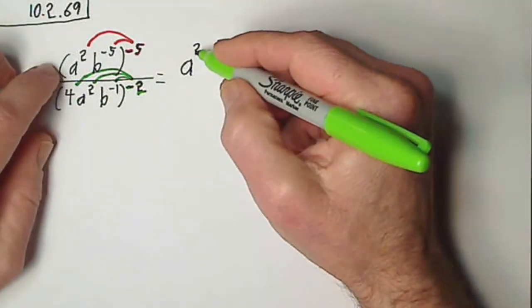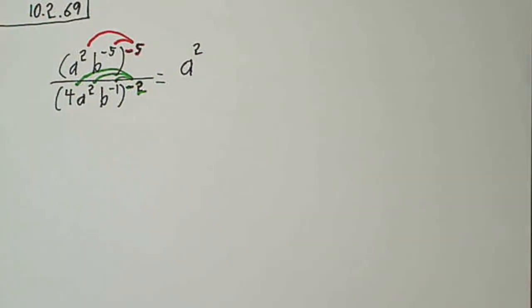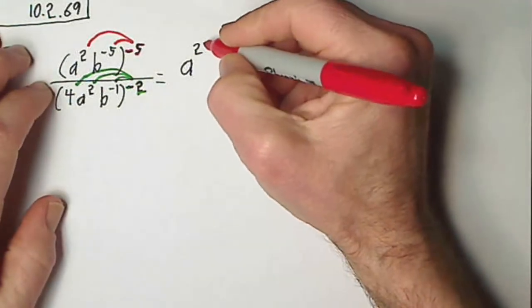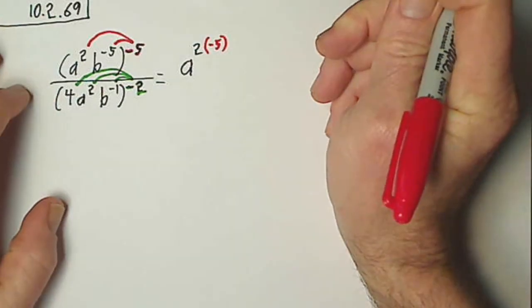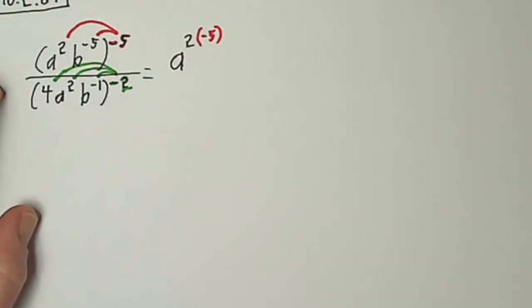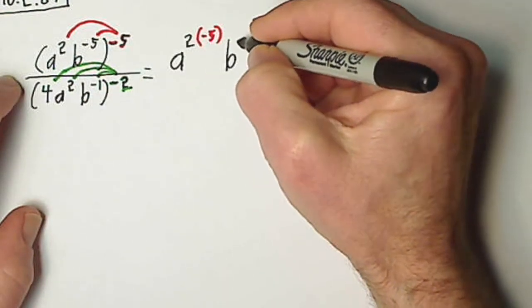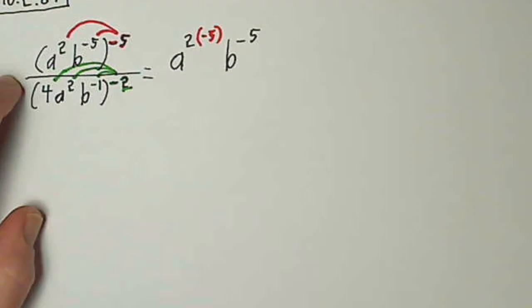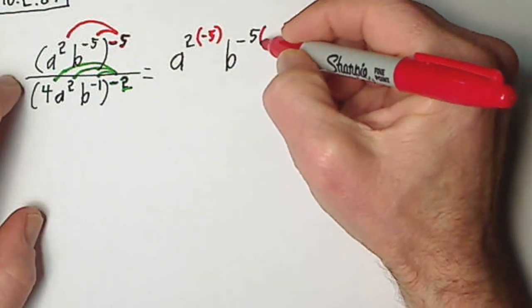So this a to the second is going to be multiplied by a negative 5. Okay, I better zoom in a little more. Then this b to the negative 5 is going to be multiplied by that negative 5.